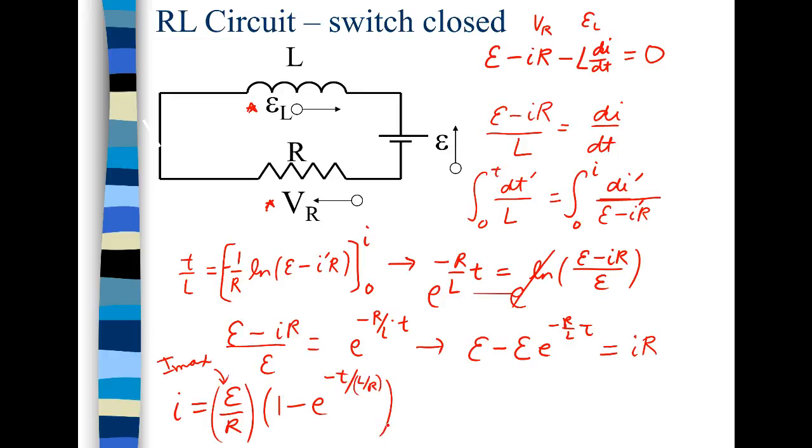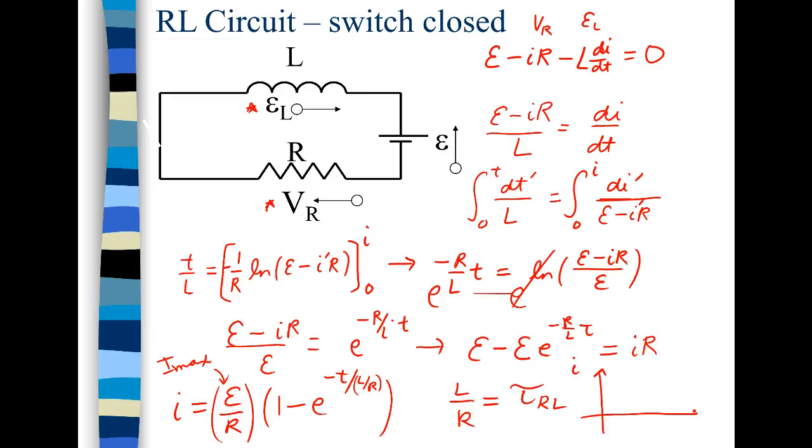Now the reason I wrote it like that is because L over R is also known as tau RL, which is what we call the inductive time constant. So more on that in a moment. But let's think about this. Does this make sense for our description of what we said would happen?